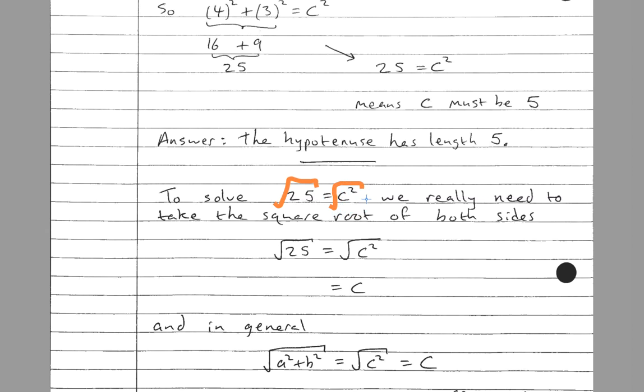Square roots and squares are opposite, or inverse, operations. So the square root of C squared is just C, and the square root of 25 is 5. All right, so we need square roots for this last step.